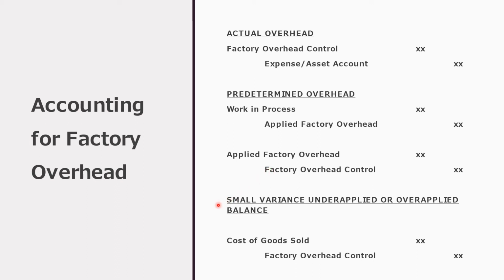In general, if there is a small variance only of under application or over application, you debit or credit cost of goods sold. As we go further, there is a specific topic on how we are going to account for under application or over application balances for factory overhead, but as of now, in general, you may close it under cost of goods sold as long as there is a small variance only.